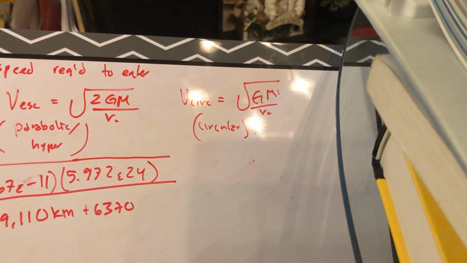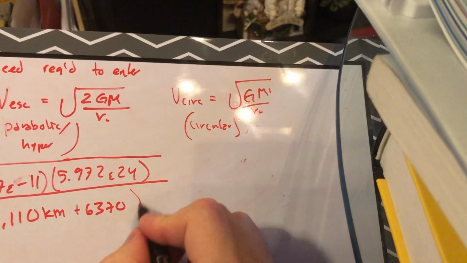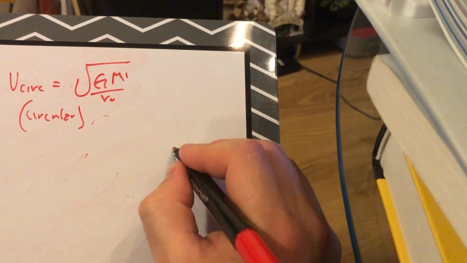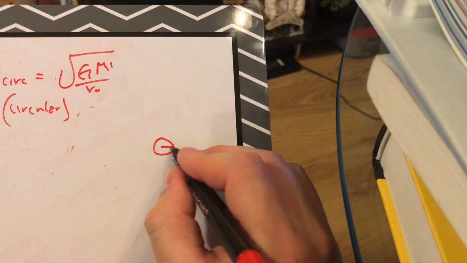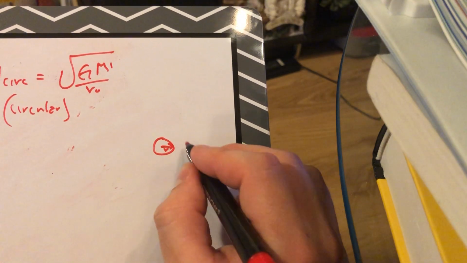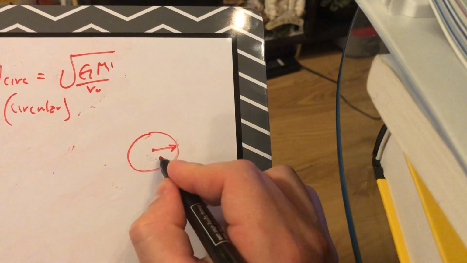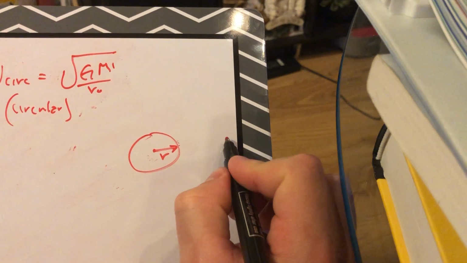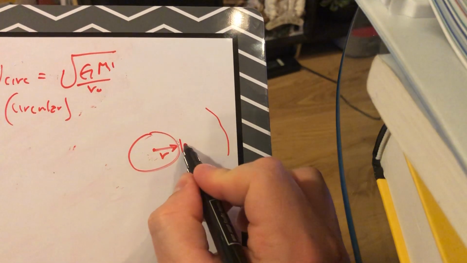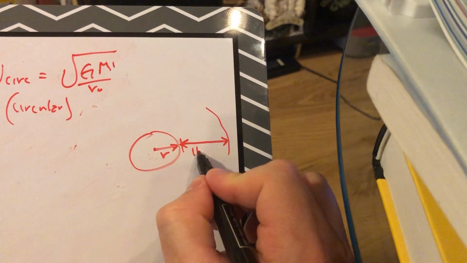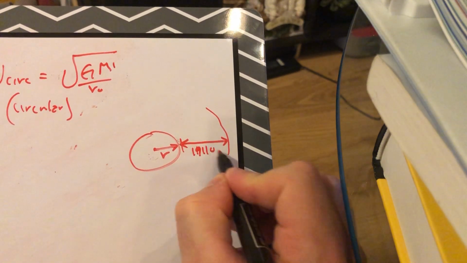We need the radius of the Earth, because if we look at the problem diagram that I did not draw out, we have the Earth here, and the Earth has a certain radius. And then we are here, 19,110 above it.